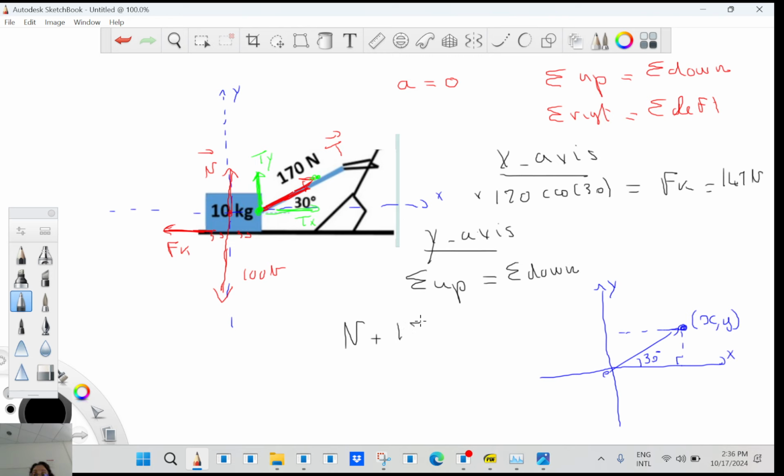That's why I was so annoying with the vector and the component. First you master the math, and then you can do the physics. But you need to know how to find components. So that's going to be 85. Thank you.